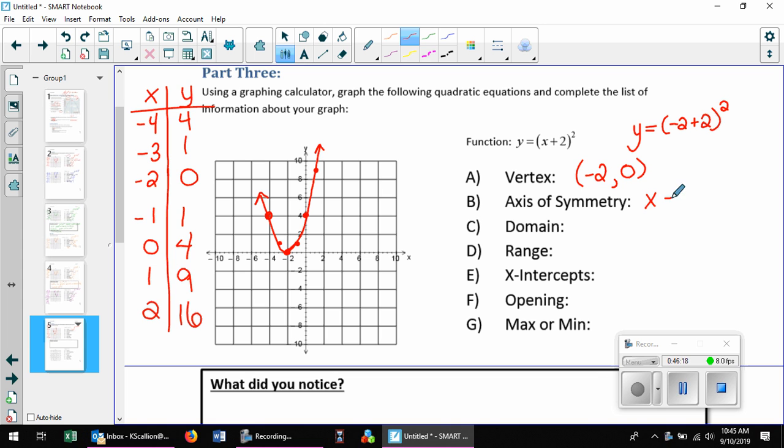My axis of symmetry is x equals -2. My domain, -infinity, +infinity. My range, 0, +infinity. My x-intercept occurs at -2.